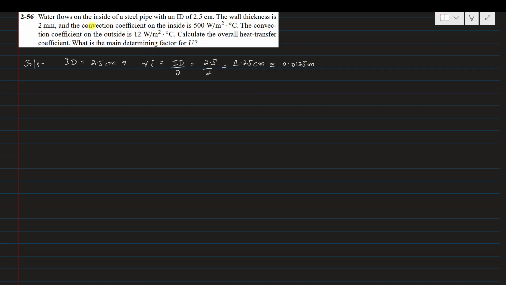The wall thickness is in millimeters, so the thickness of the pipe wall is 2 millimeters. You can write it in meters, that is x equal to 2 multiplied by 10 to the power minus 3 meter.